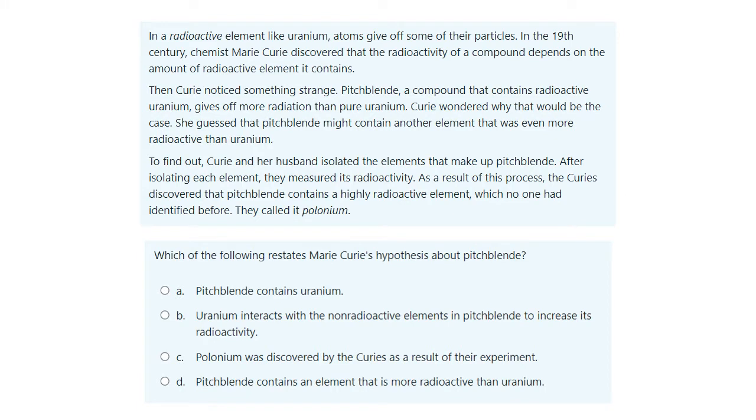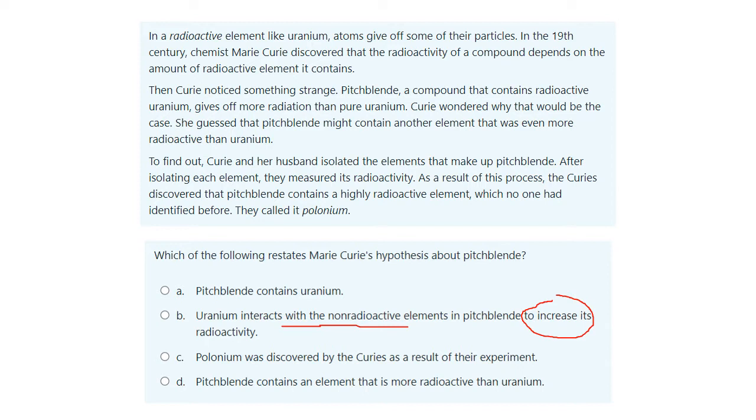Number 3, which of the following restates Marie Curie's hypothesis about pitchblende? A, pitchblende contains uranium. B, uranium interacts with the non-radioactive elements in pitchblende to increase its radioactivity. C, polonium was discovered by the Curies as a result of their experiment.